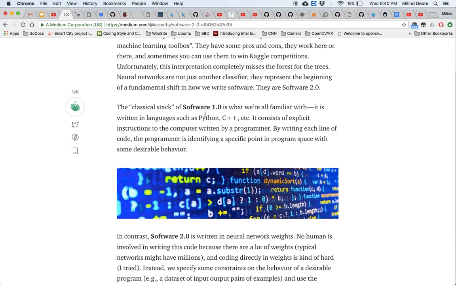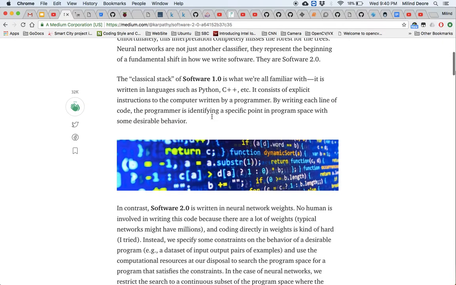Because software 1.0 till date was about you have a logic and you implement that logic using one of these programming languages, whereas software 2.0 is completely different. It's all about setting the right weights using the best possible training logic, and there is no human involved.